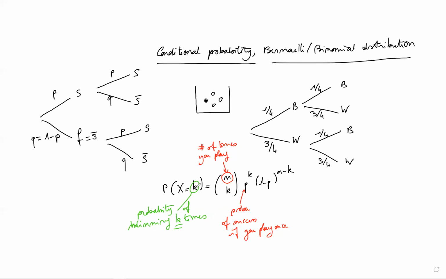The probability of winning K times if you play N times is (N choose K) times P to the power of K, times (1 minus P) to the power of N minus K. This number here, N choose K, is a binomial coefficient. So you can find it by computing factorial N divided by factorial K, factorial N minus K, or you can compute it with your calculator.